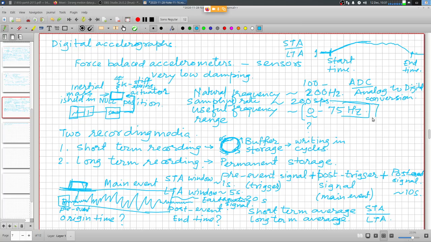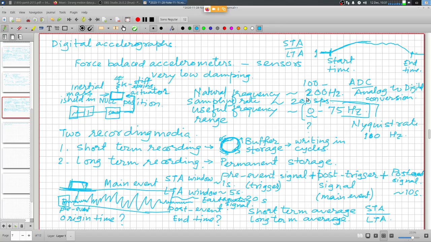So the Nyquist rate is 100 hertz. That's the theoretical highest frequency that can be resolved if the signal is sampled at the rate of 200 samples per second.